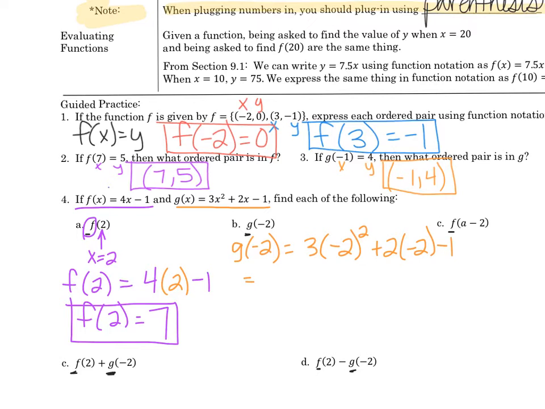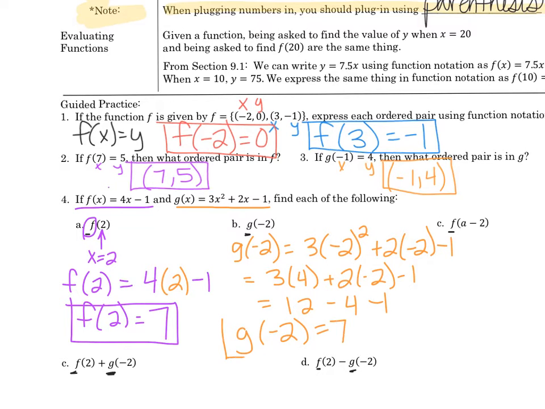So we have 3 times 4 plus 2 times negative 2 minus 1. So we get 12 minus 4 minus 1. So g of negative 2 is equal to 7.